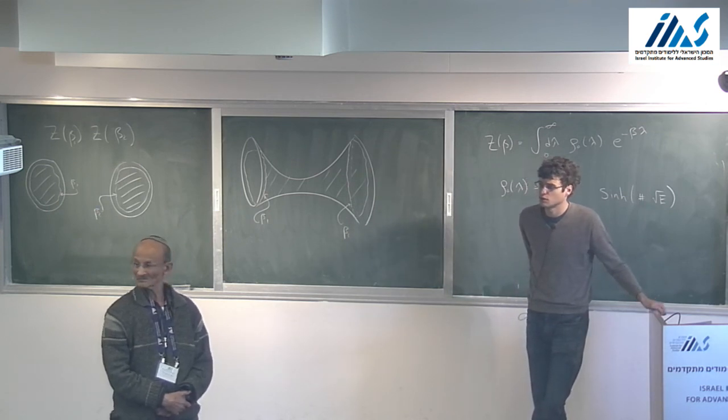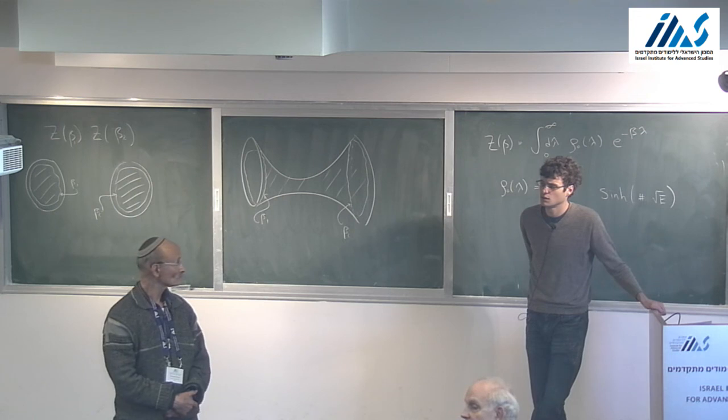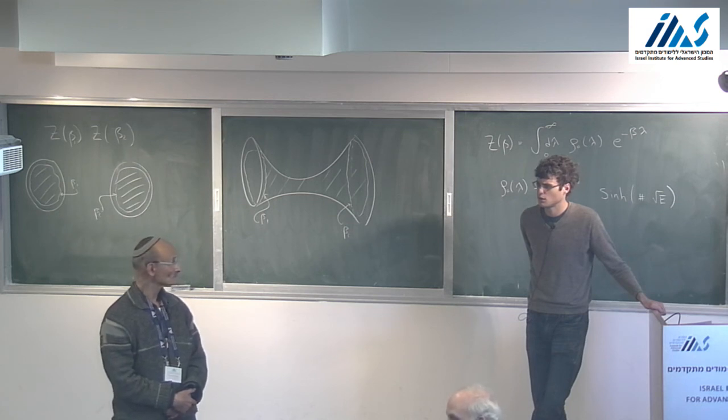I'm confused because I feel like the potential is usually 1 over r in 4 dimensions, and then in 1 dimension it only becomes log. Is there something I'm missing? It's 1 over r squared. 1 over r is 0.